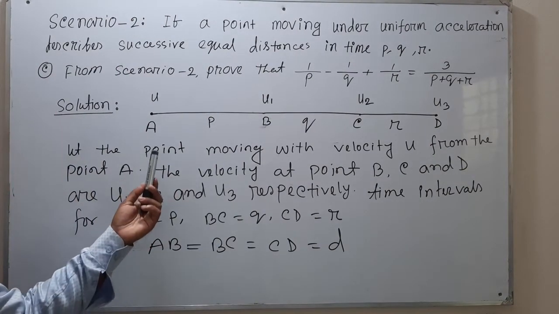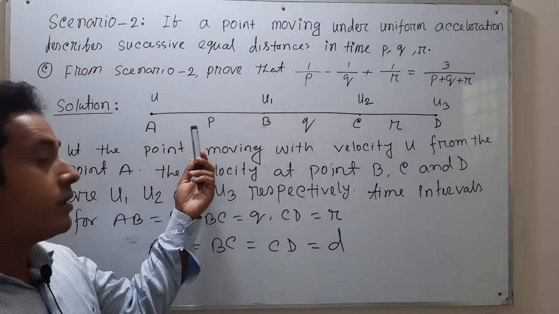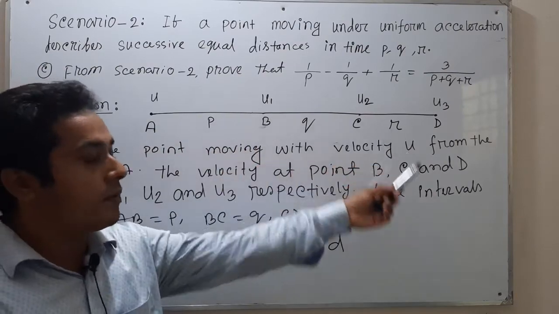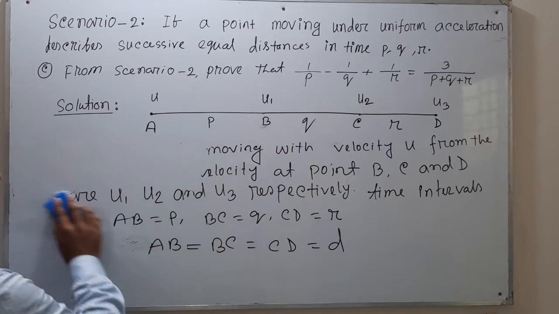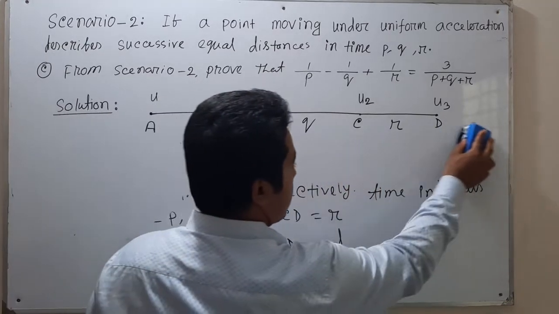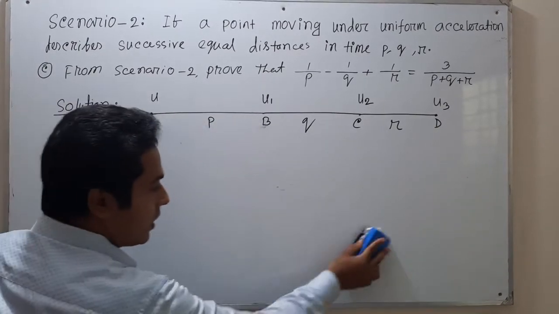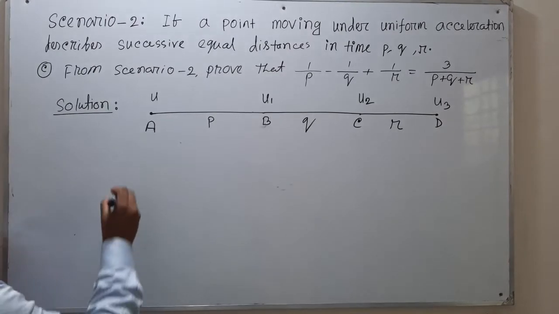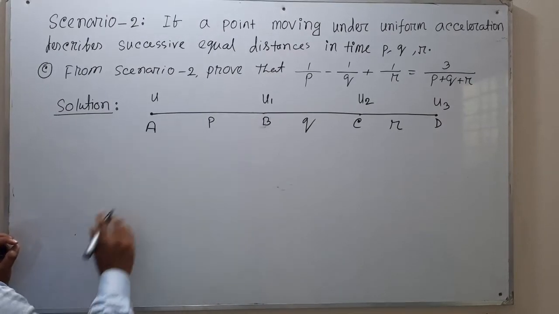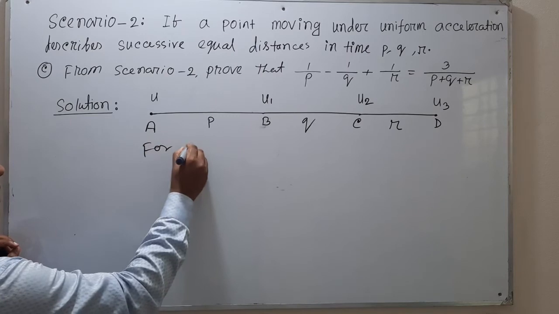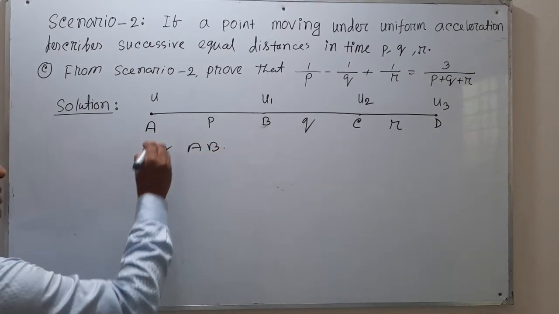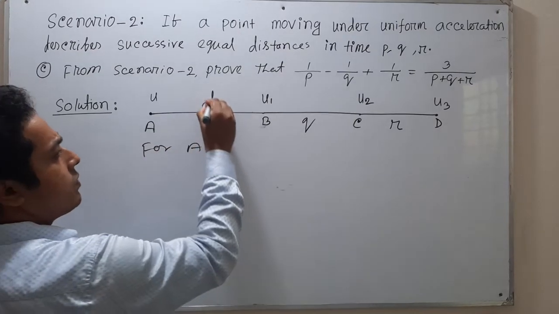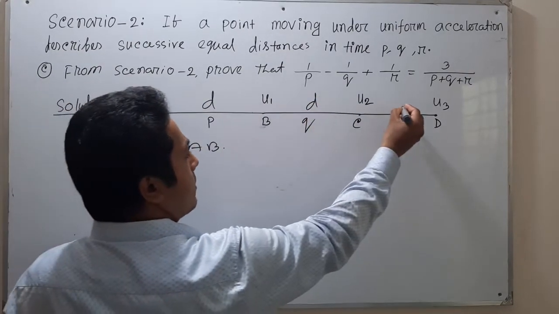Now we can apply the average velocity for AB, for BC and for CD. Formula of average velocity for AB: equal distance for each time interval.